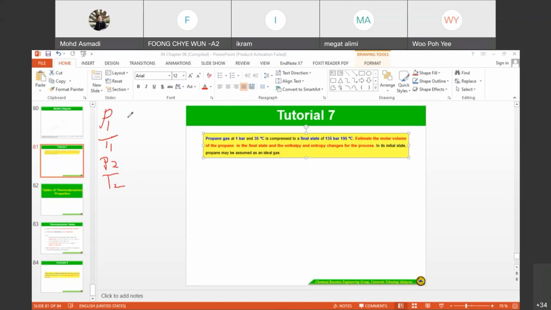This one is given. For the initial state, this is ideal gas. You have to determine V, delta H, delta S.